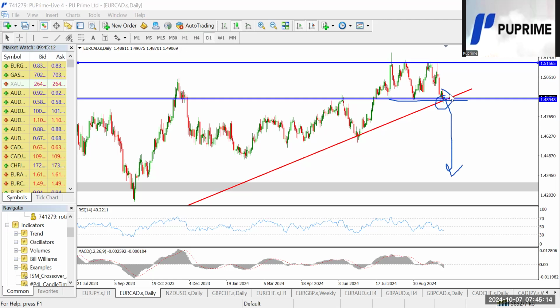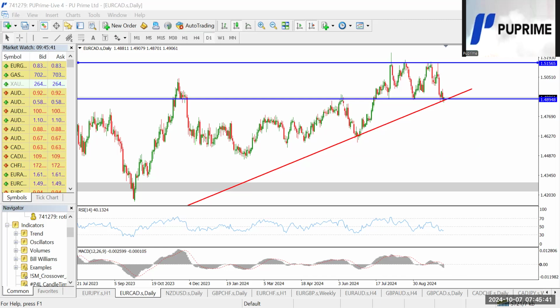Though on one side, because of the trend line, we may experience a bullish movement before we see the fall. But generally, because it's a double top pattern, except market structure changes, what we are expecting should be a sell. But like I said, there can be a retracement before we have the final bearish breakout. So on the short term, I can say bullish. On the longer term, bearish for Euro card.